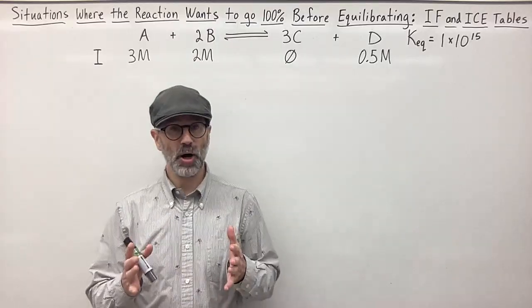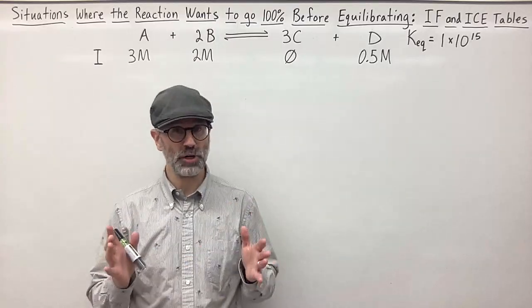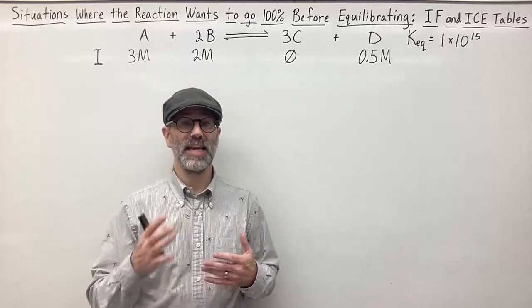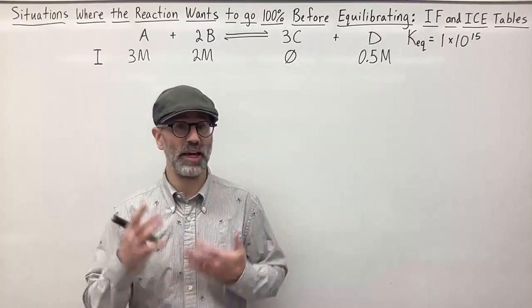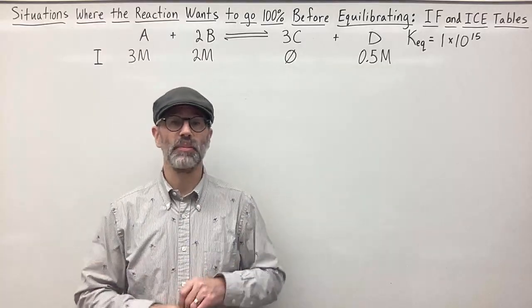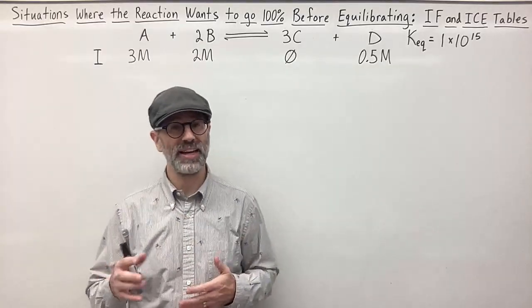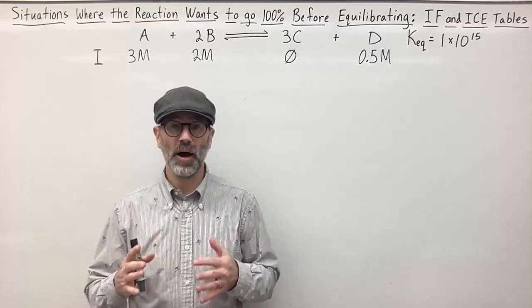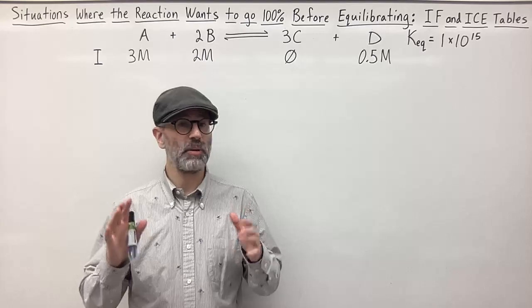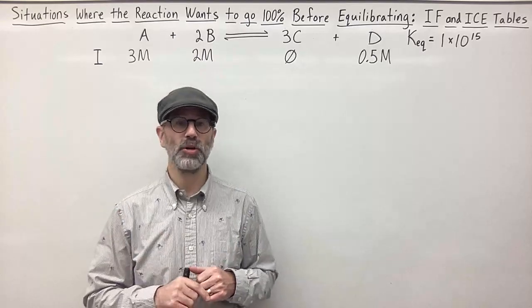The first part is going to be a stoichiometric problem, like a limiting reagent problem. And then the second step is just your normal ICE table that you've done before. So let me explain. This is going to seem complicated at first, but I guarantee that once you get the hang of it, you're going to be able to fly through these problems pretty quickly.